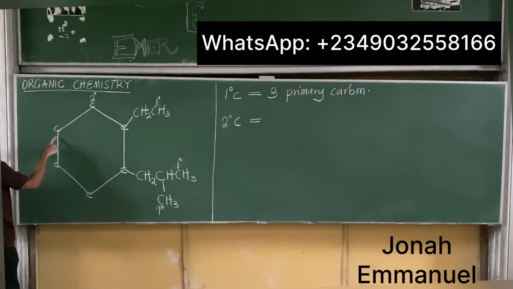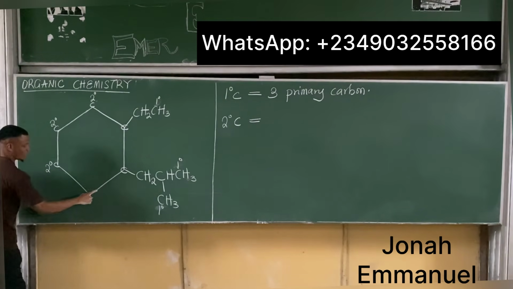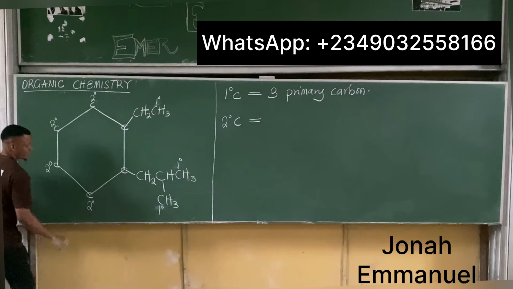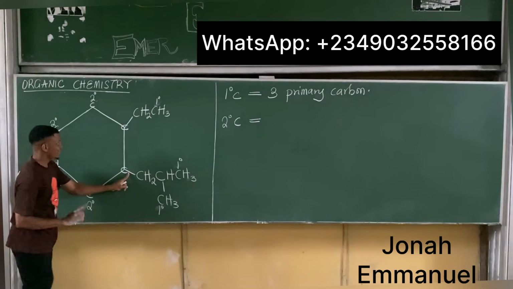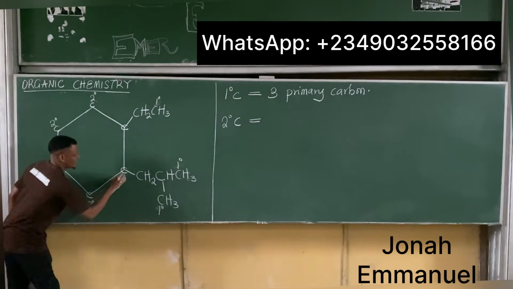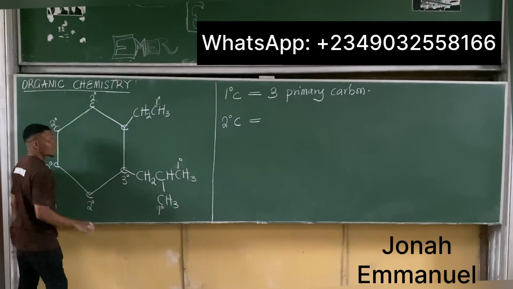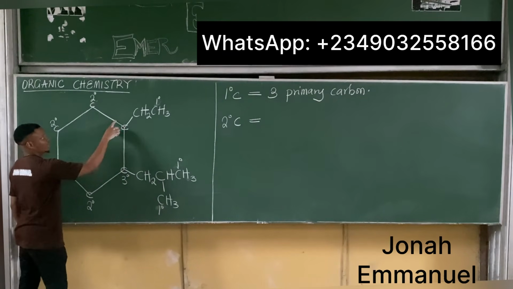This one has 2 attachments, this and this. This is secondary carbon. This one here is what there? Secondary. This one has 2, 1, 2. This is secondary. This one has 3. 1, 2, 3. It's tertiary. Leave it there. So, okay, fine. Let's label them. Tertiary. This one has 1, 2, 3.